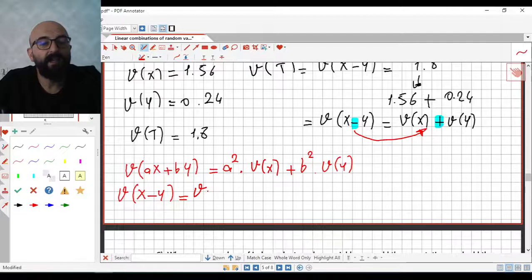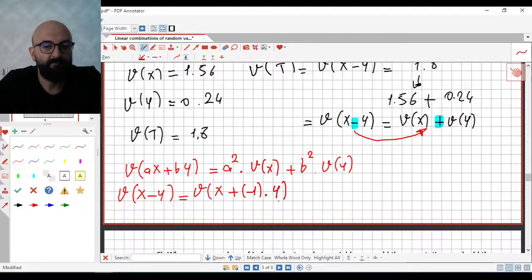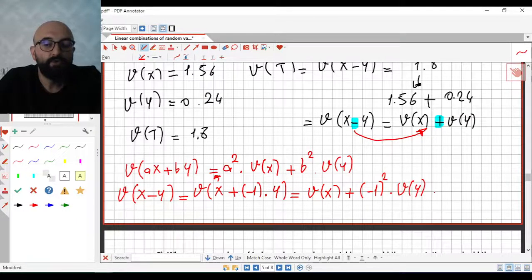So the variance of x plus -1 multiply y, according to the before process, I can write the variance of x plus -1 square multiply the variance of y. So it becomes the variance of x plus the variance of y.